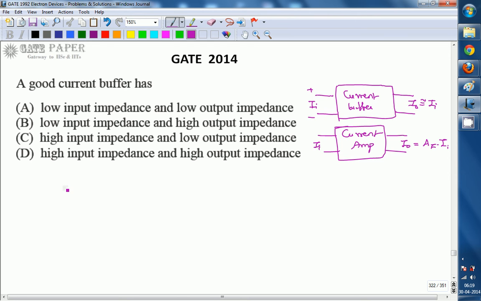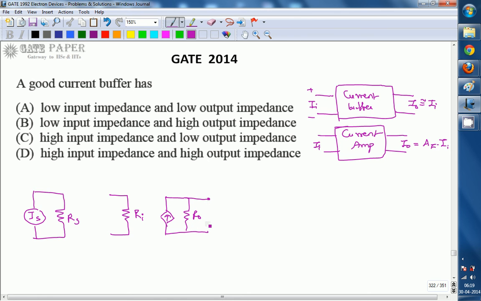So, current amplifier characteristics. Let us assume we have a source signal Is, and every current source will have a resistance in parallel, which is Rs. The current amplifier has an internal input resistance Ri, and a dependent current source with output resistance R0.